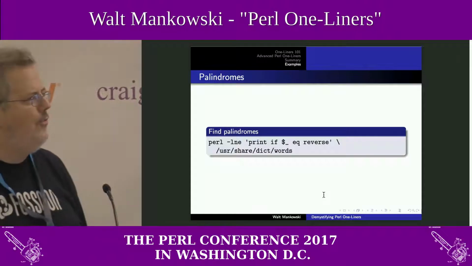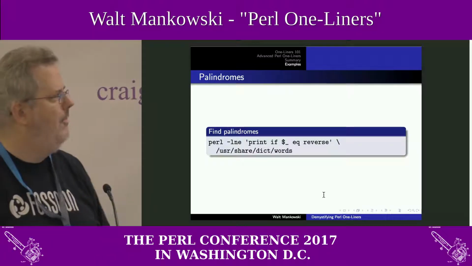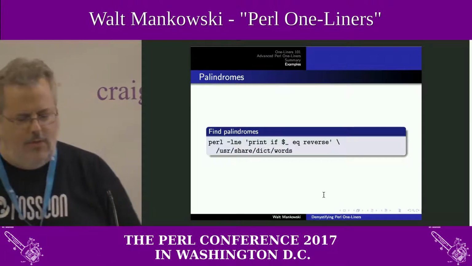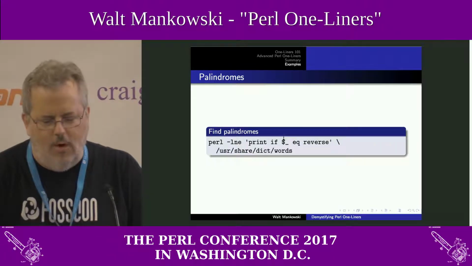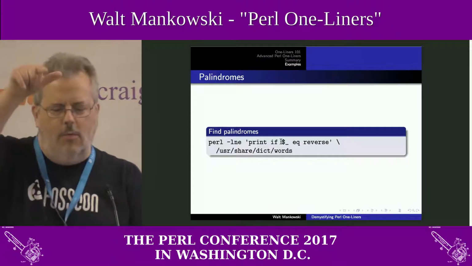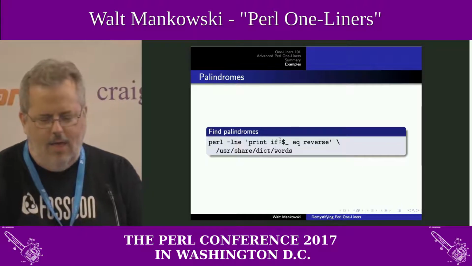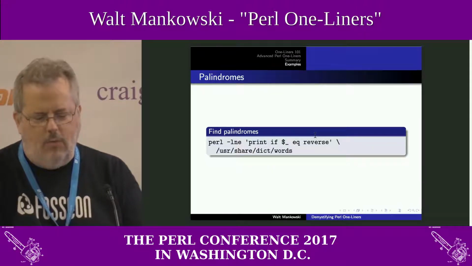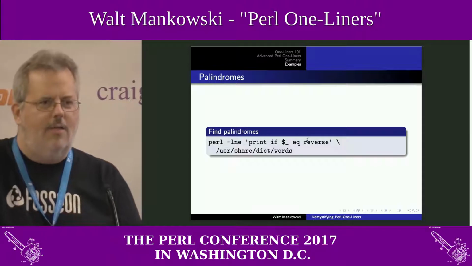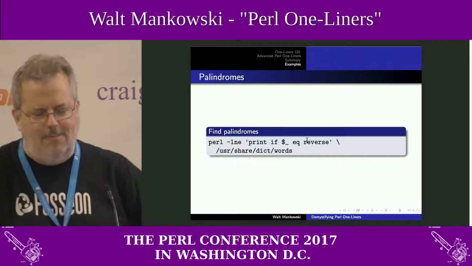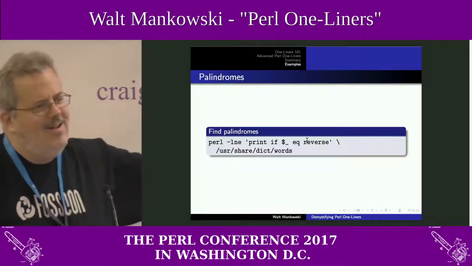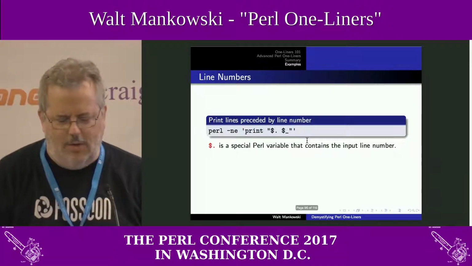It's super useful for helping you out in word problems. So this just prints everything where, it's going to read in one line at a time because every line has a single word on it, and if that word equals the reverse of that word, then it's a palindrome, right? So it prints them out. It's just giving you simple examples of what you can do.